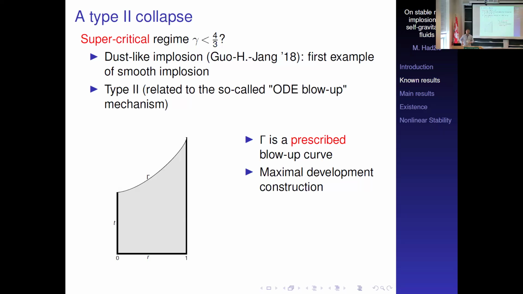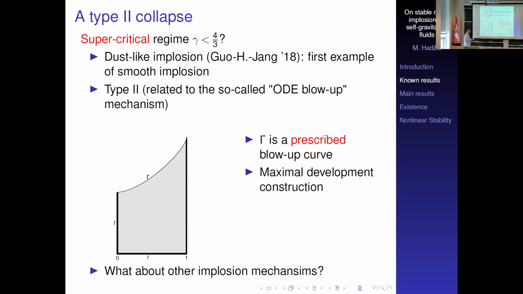And in that case, there is a well-known family going back 100 years of Stallman and Volkov and Oppenheimer of objects that exhibit collapse in finite time. And they are of the ODE type. And even though these solve the problem with pressure, there's a regime within which you can treat the dust-like collapse as a model for the pressurized collapse. So the challenge is having pressure in this model.